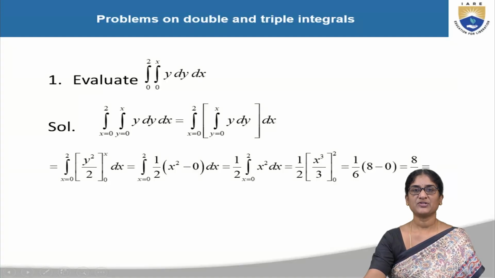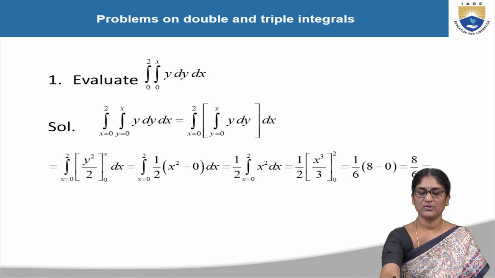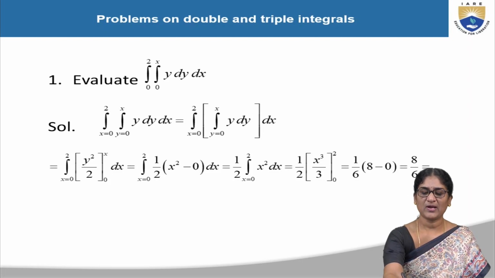In the very first question, we have the integral of 0 to 2, integral of 0 to x, y dy dx. We can see that there are two integrals, and x and y limits are given. In the inner one, he has given from 0 to x.